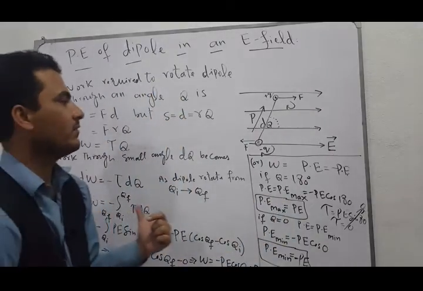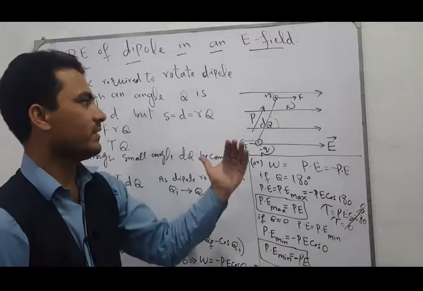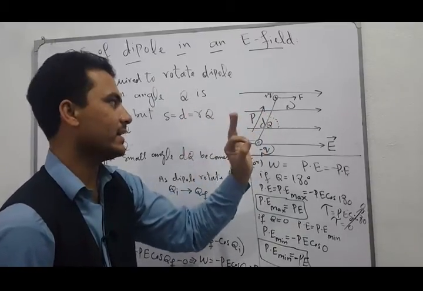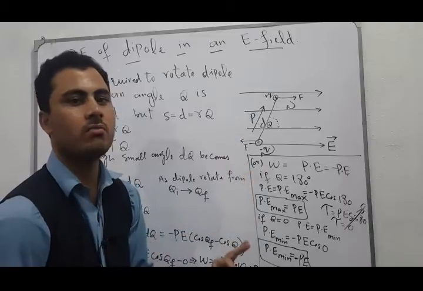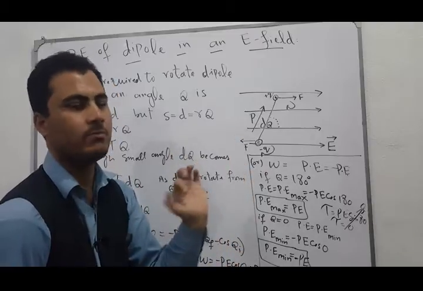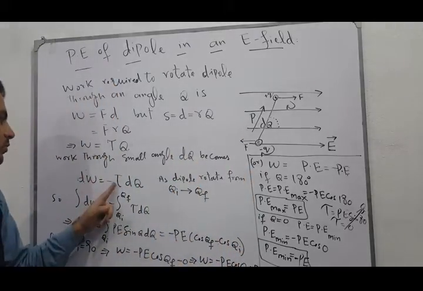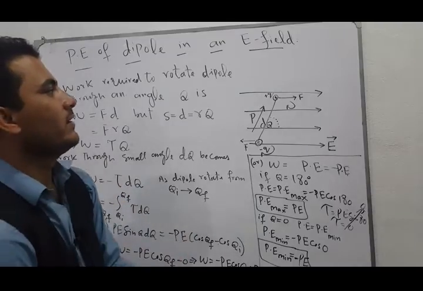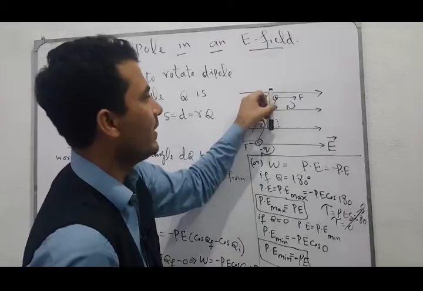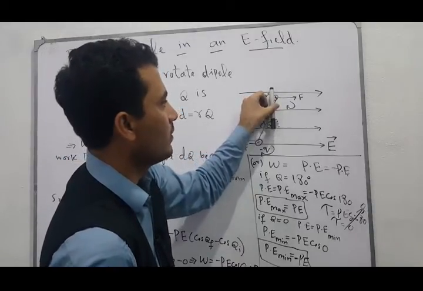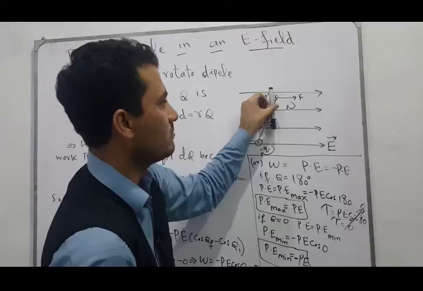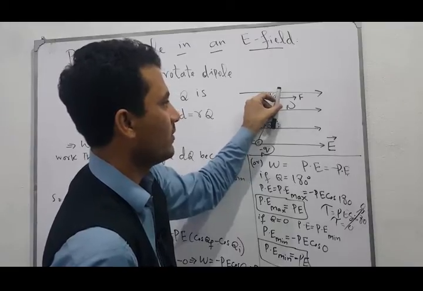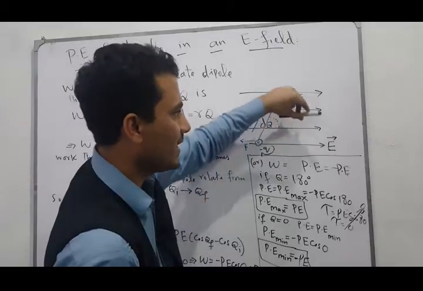Now let's suppose that this dipole rotates through a small angle d theta, for which a small amount of work dW is required. So dW is equal to minus torque d theta, and we also know that at the start the angle is maximum, and then due to the rotational effect the torque tends to decrease this angle theta.